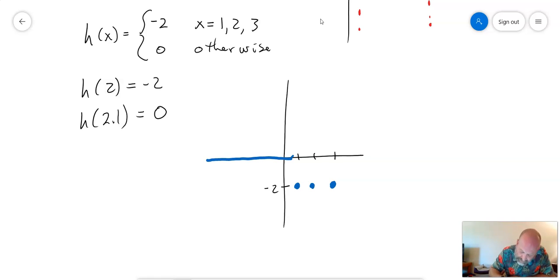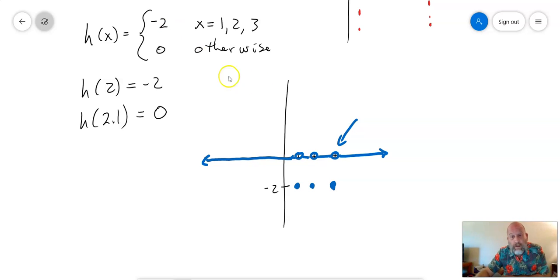I come up on 1, but there's a hole here at 1, a hole here at 2 and a hole here at 3, because those values are down here. So this function actually looks this way. It's really kind of a bizarre looking thing. Those open circles are actually holes in the graph, and that hole has been removed and put down here at -2.